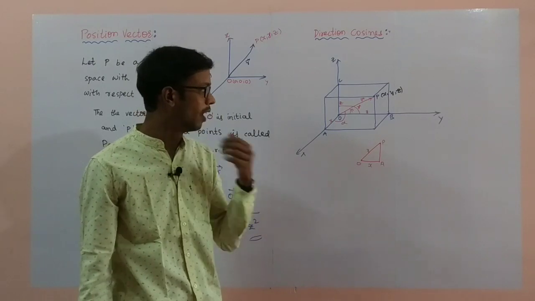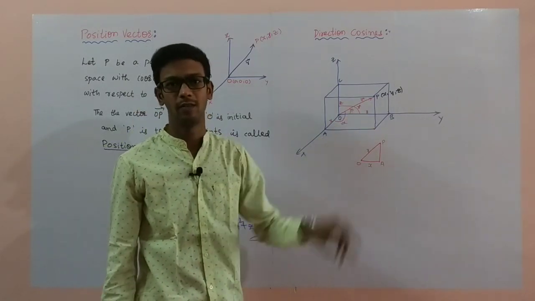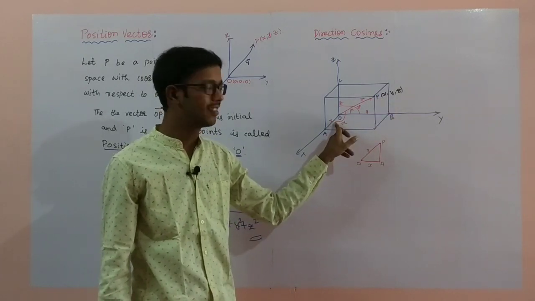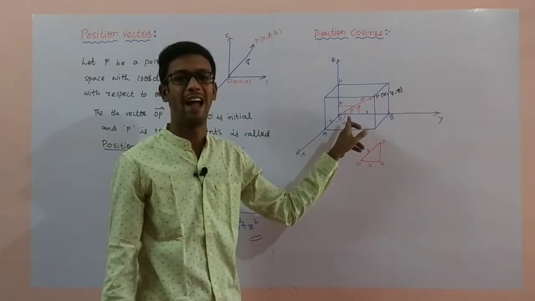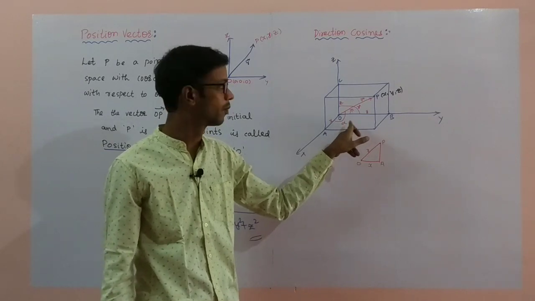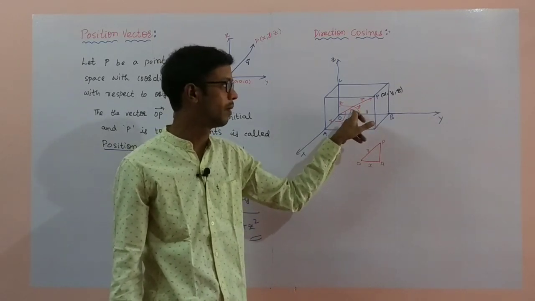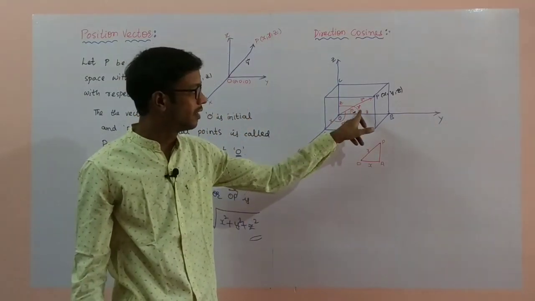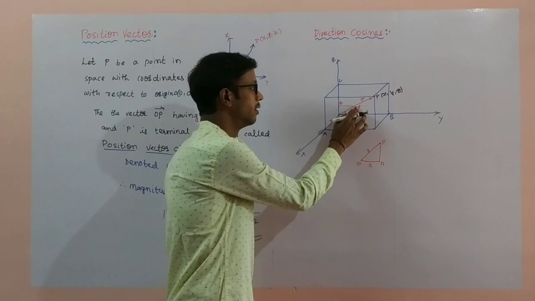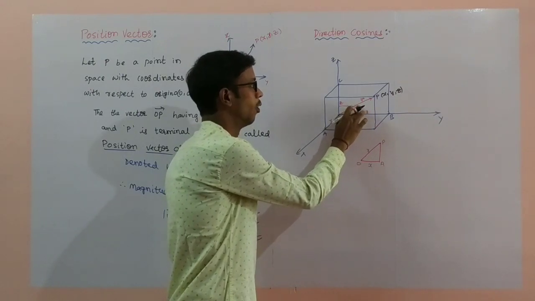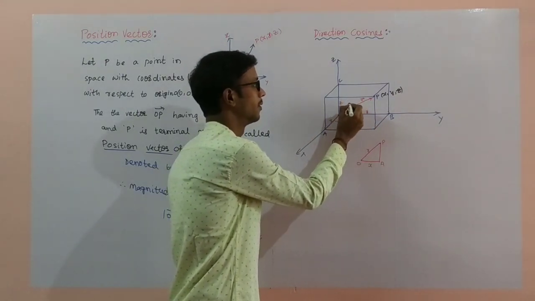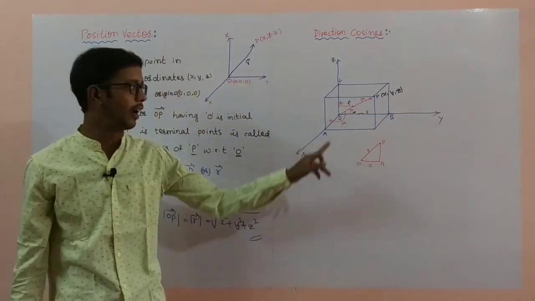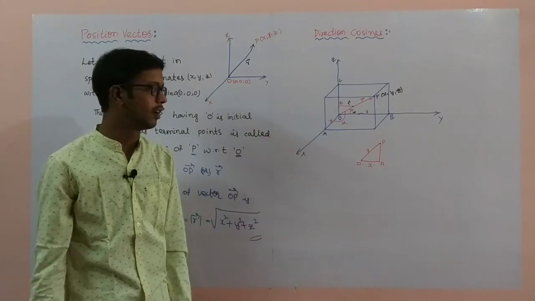Now OP bar is a vector. The angle between x axis and OP bar is alpha, y axis and OP bar is beta, and z axis and OP bar is gamma.